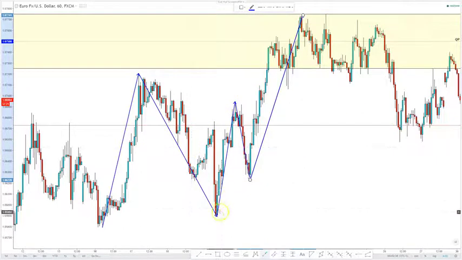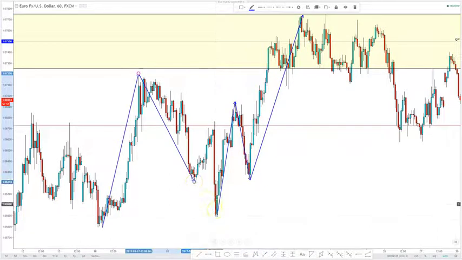But what I want you to notice on this retracement is what forms. Can you guys see it? I skipped over that left shoulder for a reason, so you guys can spot it. Very, very ugly head and shoulders, but it's still an inverted head and shoulders nonetheless.